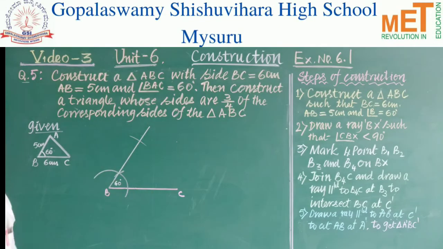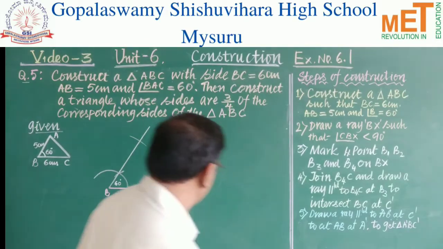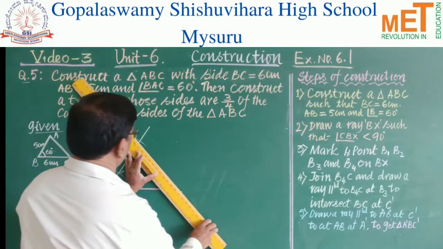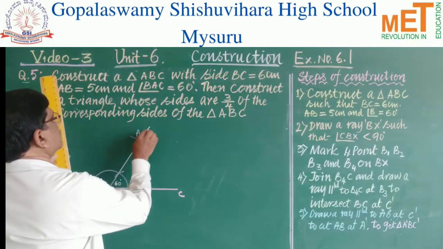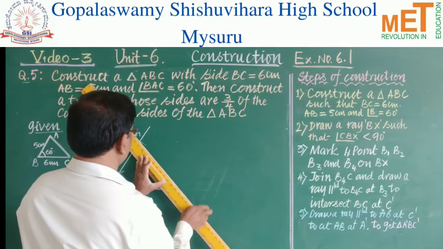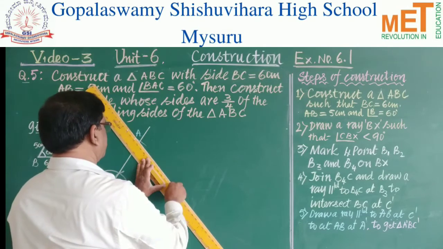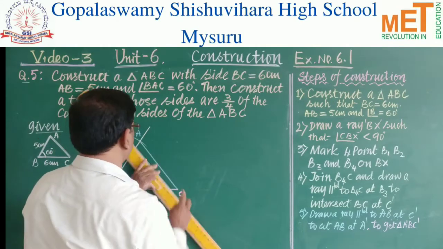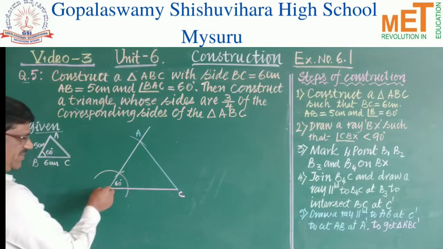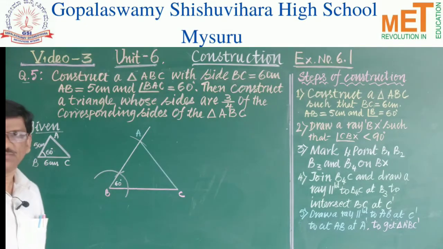So this is the point A. Join A with C. This is the required triangle. Triangle ABC is the required given triangle.